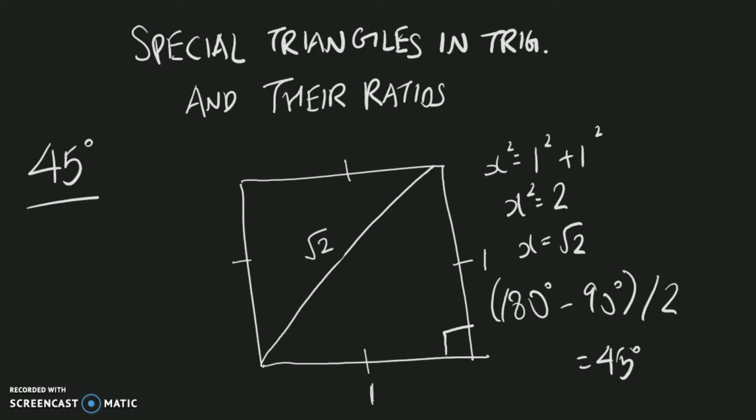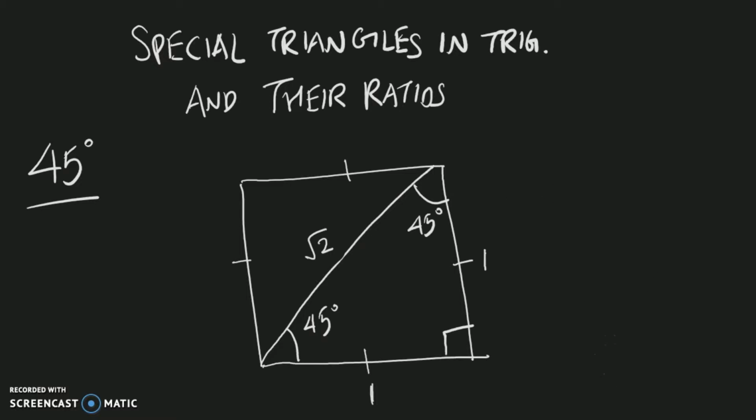So this is 90, this becomes 45 and this becomes 45. This introduces us to the first triangle in trigonometry, the 45 degree triangle.